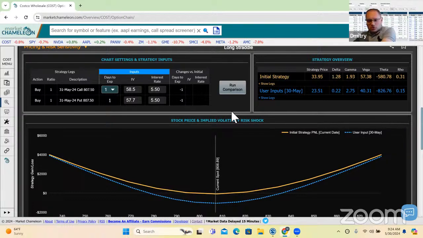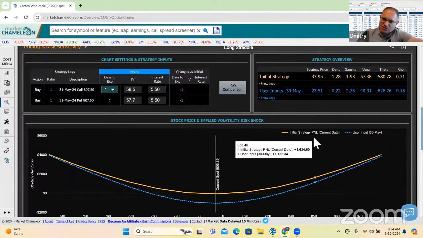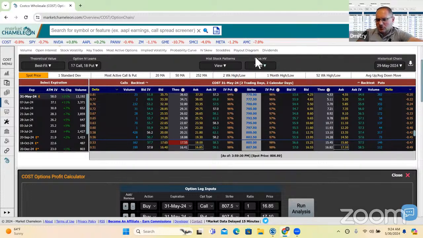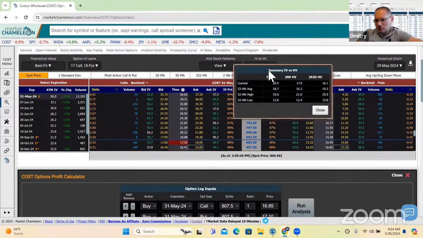We could look at historical values to see how much gets sucked out, but let's just use some reference prices here. I'm going to come up here, and here's IV versus historical, right? So we could just look at these numbers and say, okay, the last 20 days, the stock moved at a 17.9 vol.